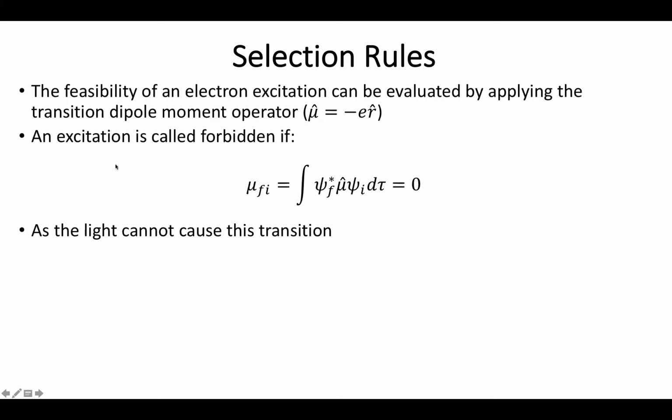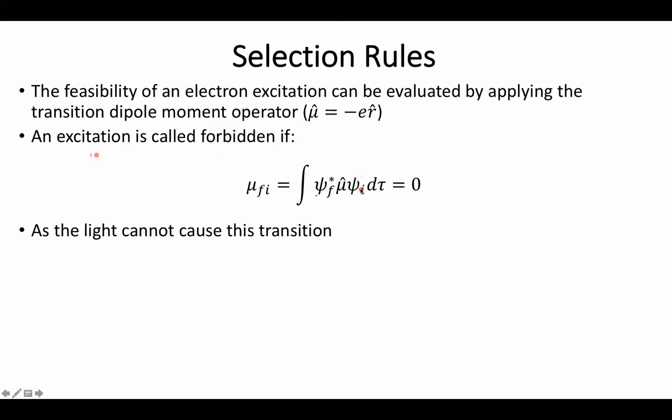So we can look at the excitation of light by looking at the integral of the wave function of my final state, which will have some dipole, the actual dipole of the light, and then the initial wave function I started with. So what I have is an orthonormal state of two wave functions.